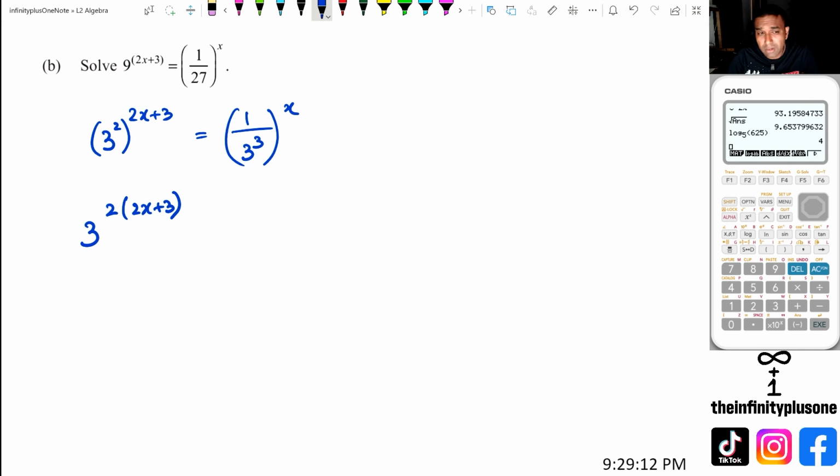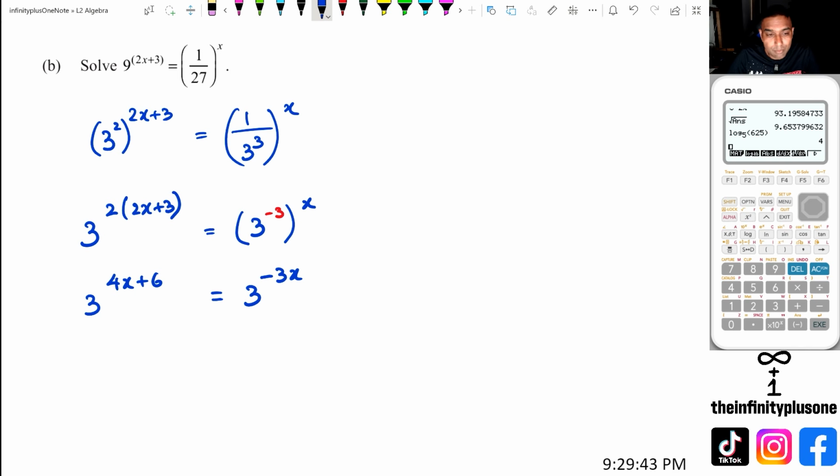Because remember, when you do powers of powers, you multiply the powers. As for the right-hand side, I'm going to bring the 3 cubed to the numerator, and when I do that, I'm going to get 3 to the power of minus 3, and that's to the power of x. So basically, I've got 3 to the power of, expanding the brackets, 4x plus 6 equals 3 to the power of minus 3 times x, minus 3x.